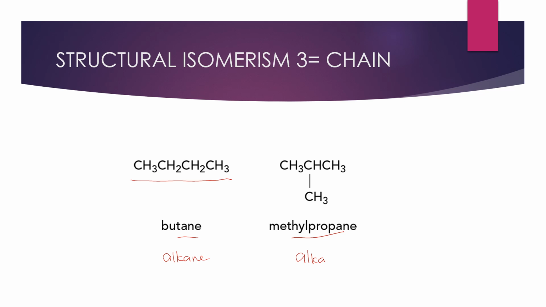The molecular formula of butane is C4H10. And methylpropane is also C4H10. So butane and methylpropane are isomers of C4H10.